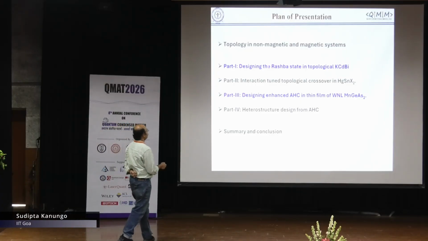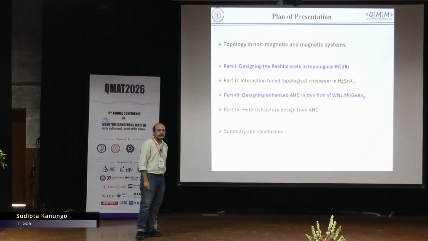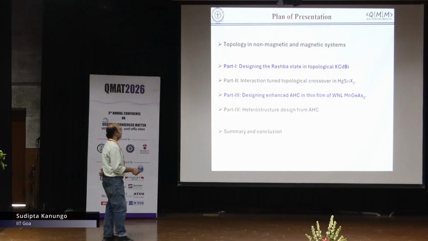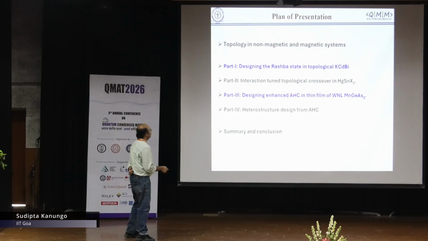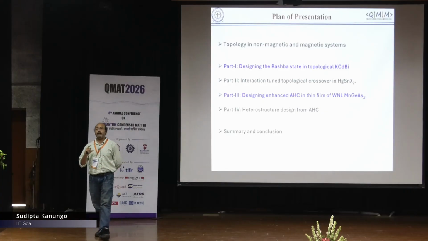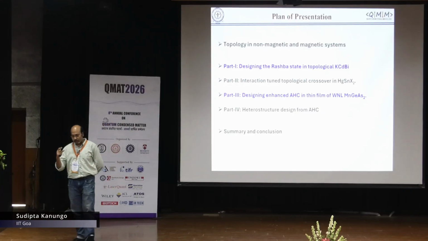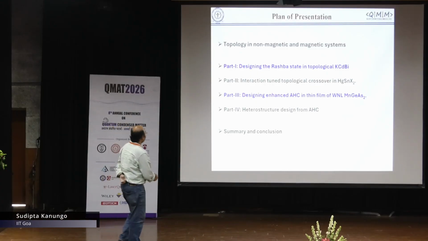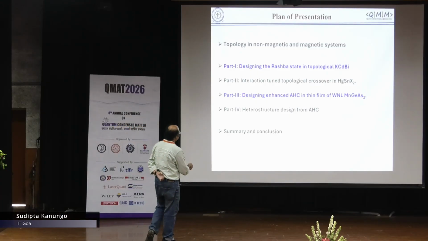First is the Rashba state, how I can design the Rashba state in the layered system of KCdBi, and then how we can introduce the topological crossover from gapped to gapless by tuning the interactions.